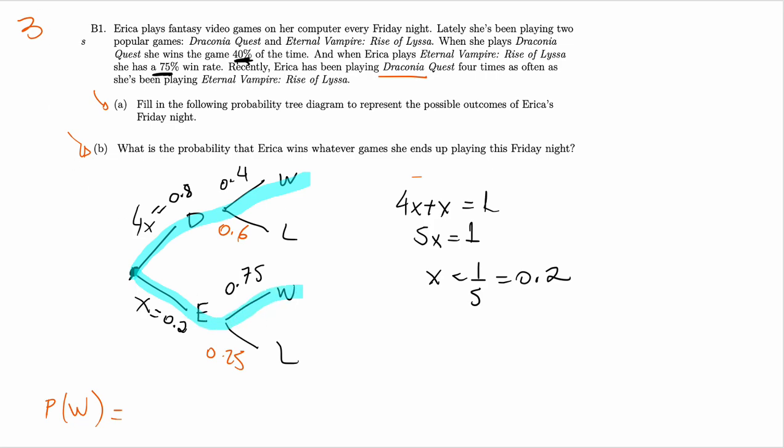So the answer to this exercise is just summing up both paths. So 0.8 times 0.4 is the first path, plus 0.2 times 0.75, it's the second path.